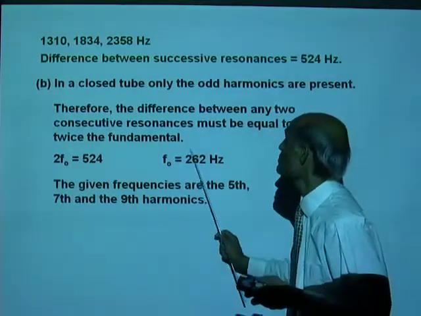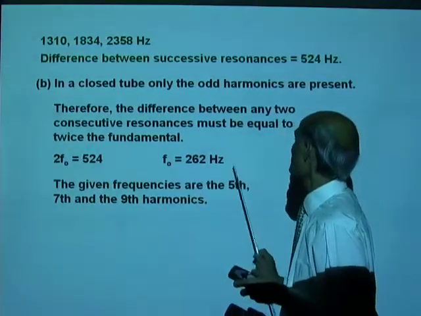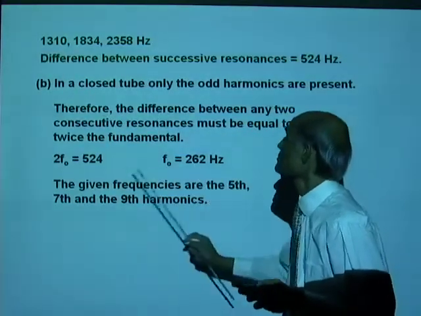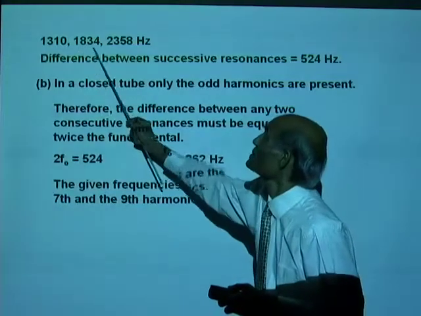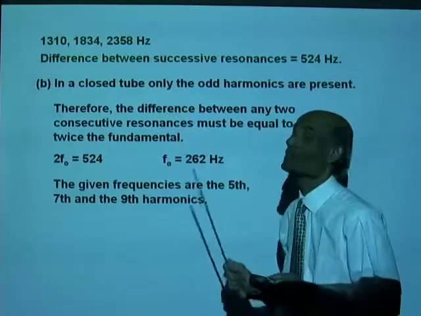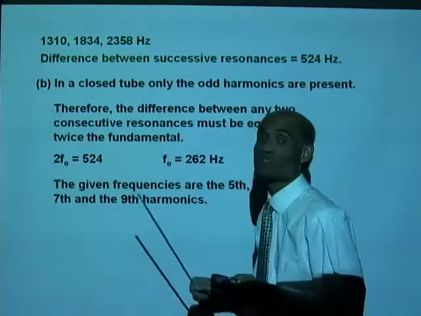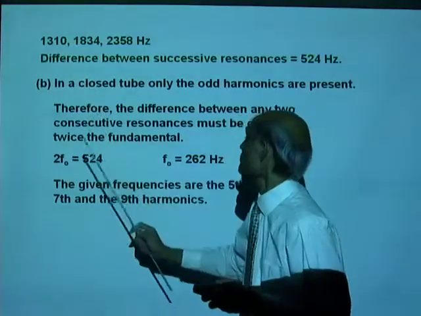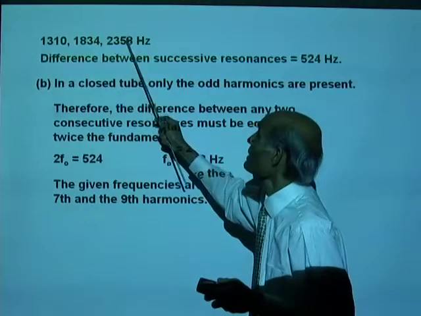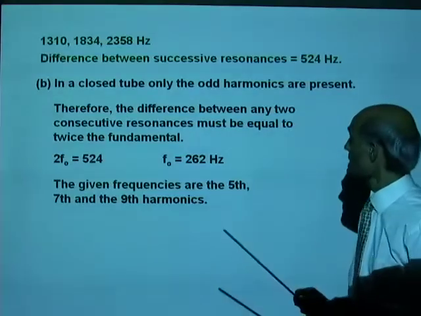The first frequency, 262 times 5 is 1310. 262 times 7 is 1834. 262 times 9 is 2358. So the fundamental frequency is 262. This is the 5th harmonic. This is the 7th harmonic. This is the 9th harmonic, and so on. Alright?